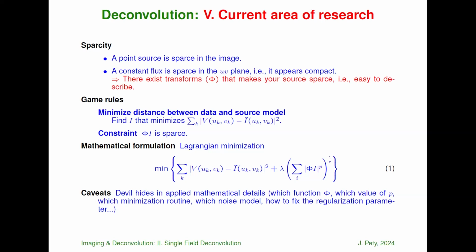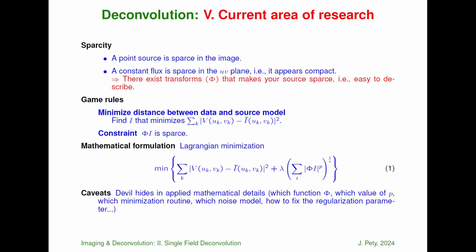The sparse space is the Fourier plane, not the image plane. So sparsity just assumes that there exists one transform, phi, going from the image plane to another space, that will make your source description sparse, and thus easy to describe with a few parameters, much less than the number of pixels in your initial image. This is an assumption.